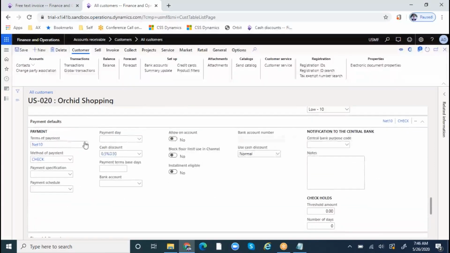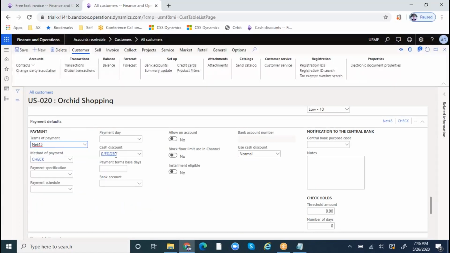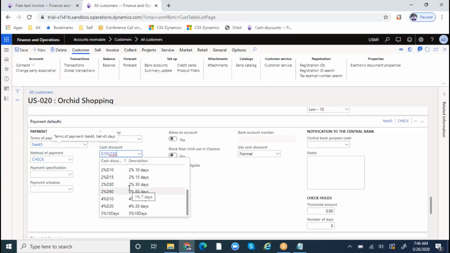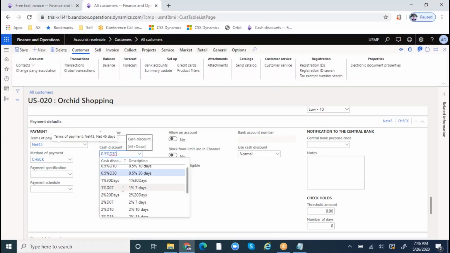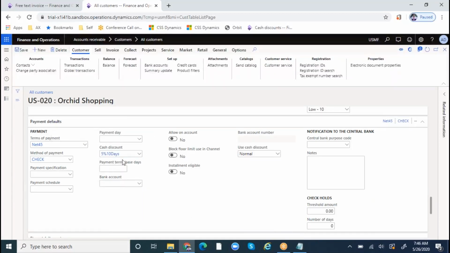So I'm mapping terms of payment, net 45 days, and cash discount. The first discount you need to map is 5% 10 days. So for US 020 I have mapped.